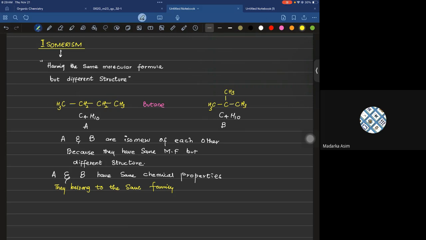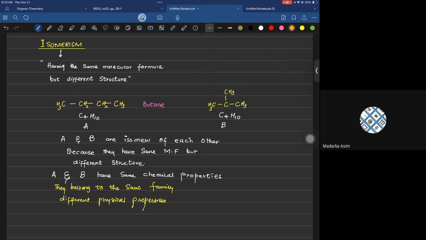Then they have different physical properties. Why do they have different physical properties?